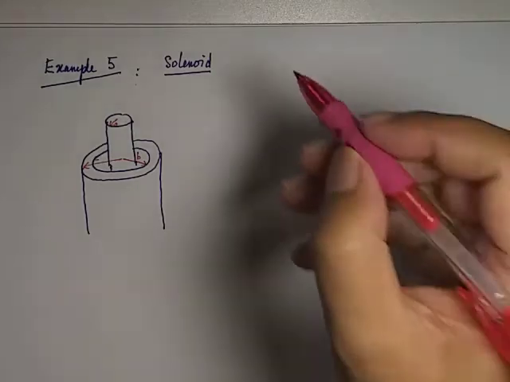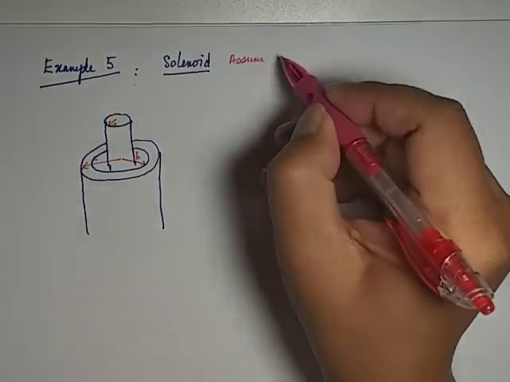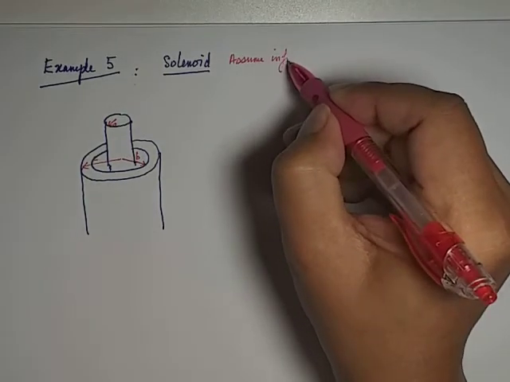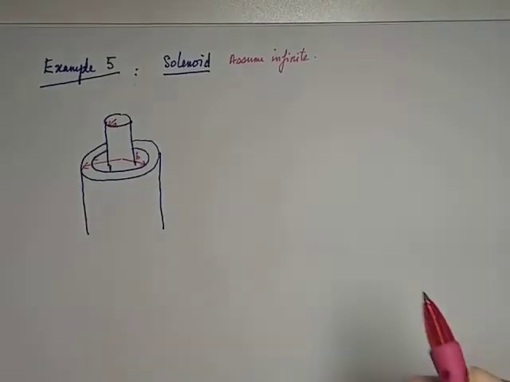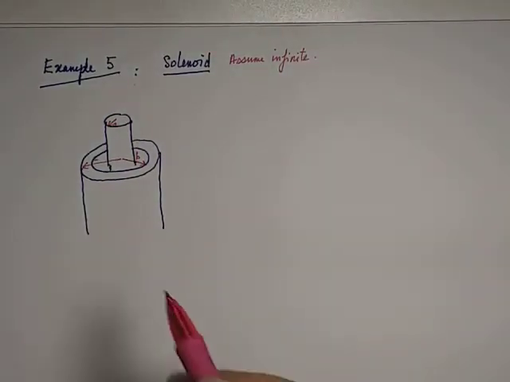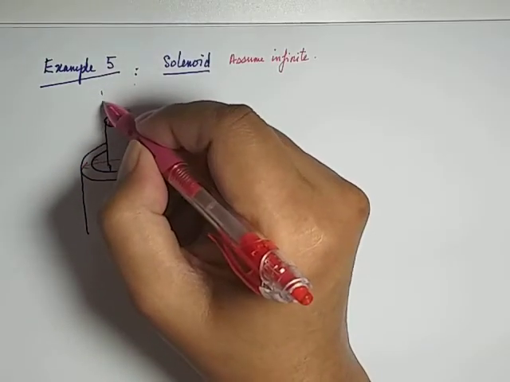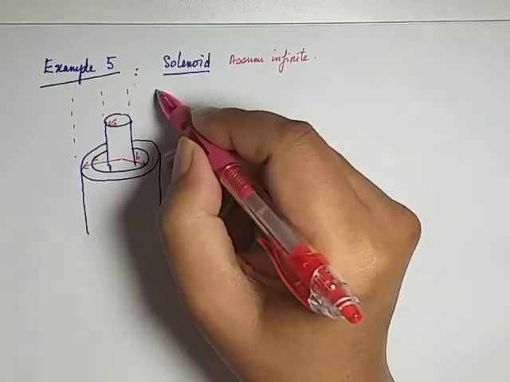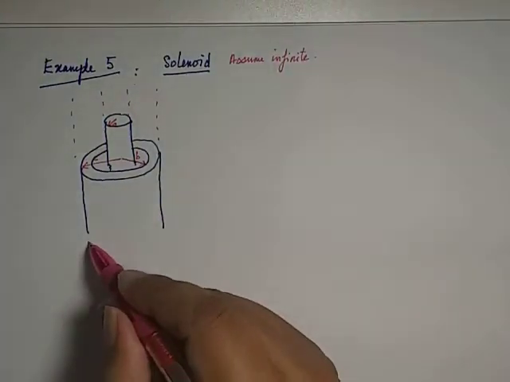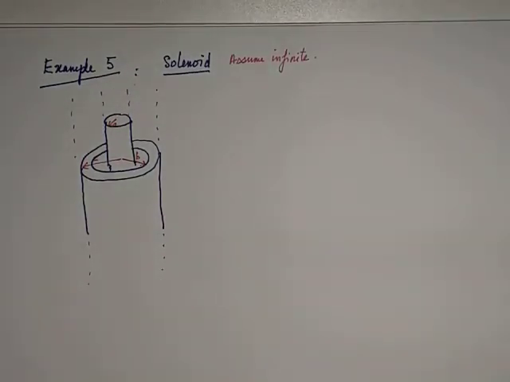So assume infinite. Why? Because we want to use ACL as our approach here. So therefore, we have to assume this solenoid as infinity. So therefore, infinite, we have to add this extra information in our diagram. So that indicates now the problem is dealing with an infinite structure.